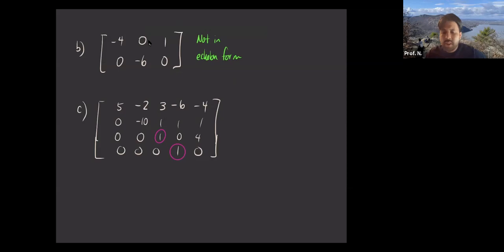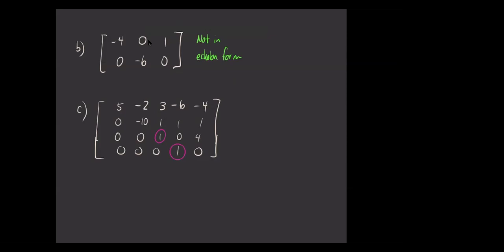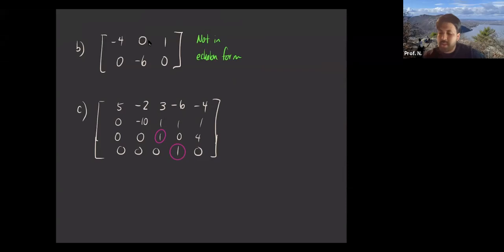It doesn't have to have all leading ones, because if it's all leading ones, then it would be in row echelon form. I think it would be in row echelon form if it's all leading ones and zeros everywhere else. So I think that's okay. There's a difference between just echelon form and row echelon form.